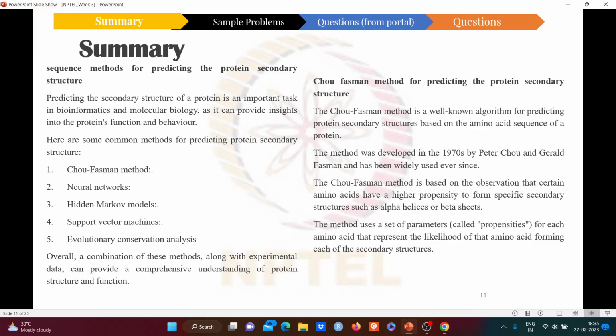These scores are nothing but probability values corresponding to their observance in a particular secondary structure. So this method involves calculating a set of parameters for each amino acid based on their propensity to form different secondary structures. These parameters are then used to calculate the probability of each amino acid being in a particular secondary structure.